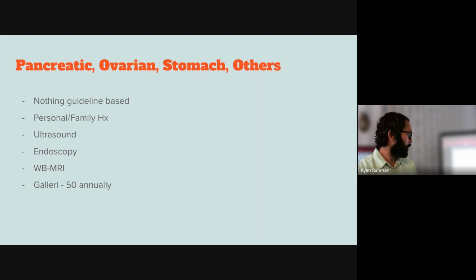Whole body MRI, which I believe there's going to be 1 or 2 facilities in the Denver area in the next year or so. Galleri, which is that cell-free DNA testing, right? That may be able to diagnose active cancer, whereas the other genetic testing, I didn't list just because it's more risk, not an active diagnosis.